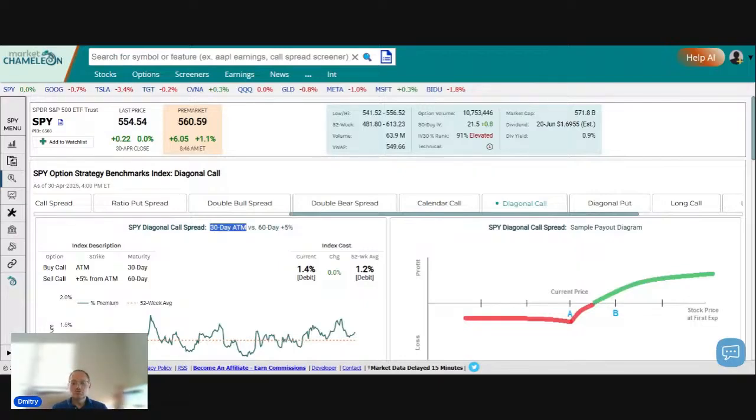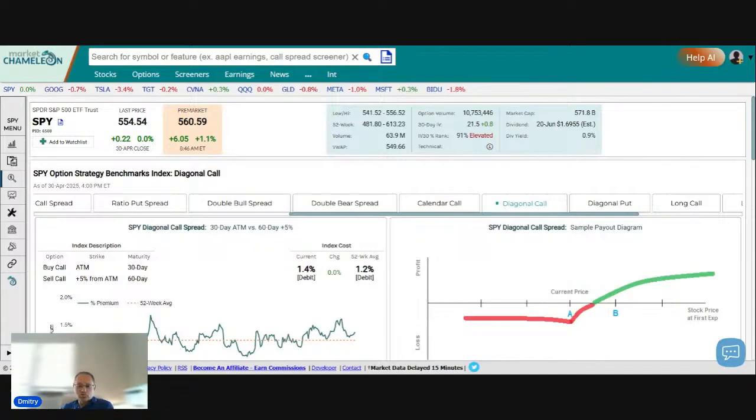And when we talk about a diagonal spread, we have two different maturities, similar to a time spread. So in this situation, we're defining a 30-day versus 60-day option. Now we have two different maturities we're comparing.